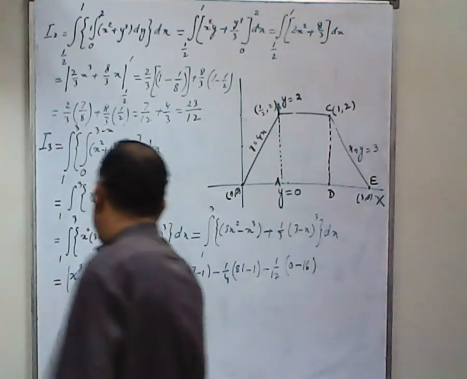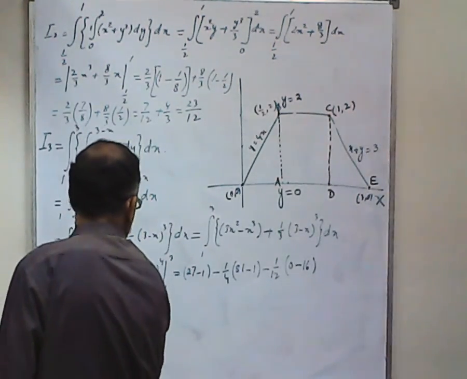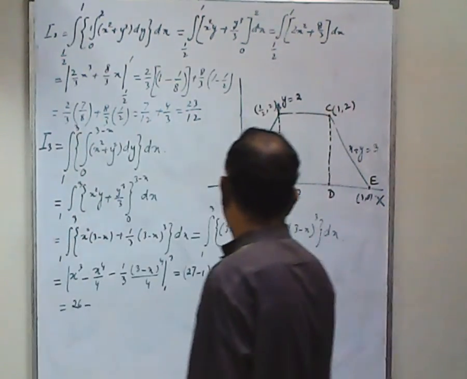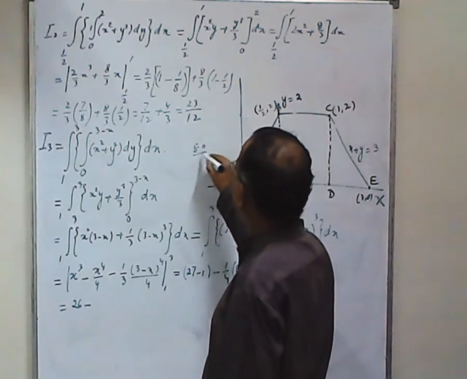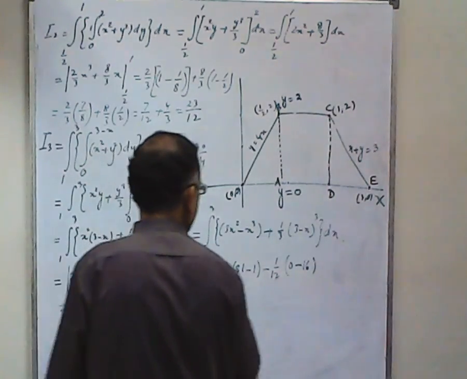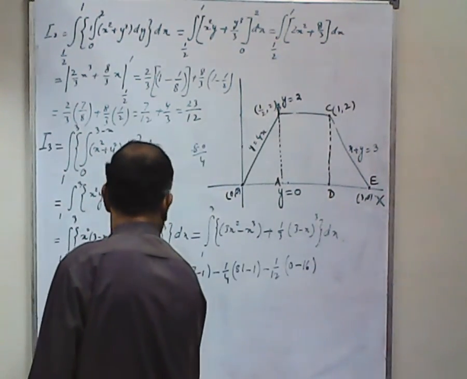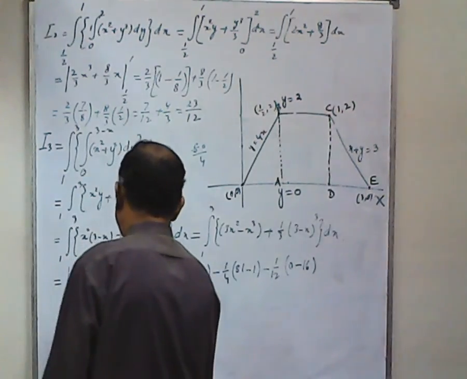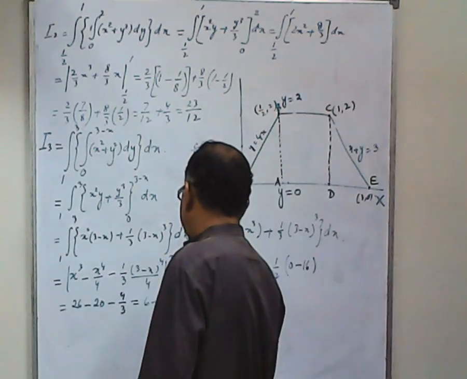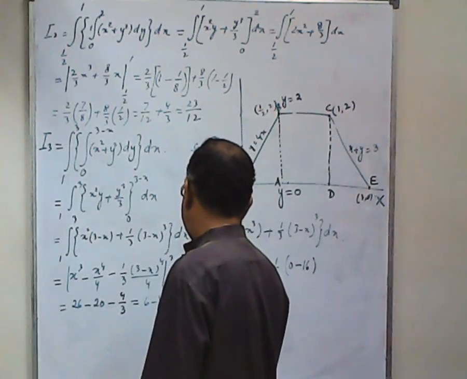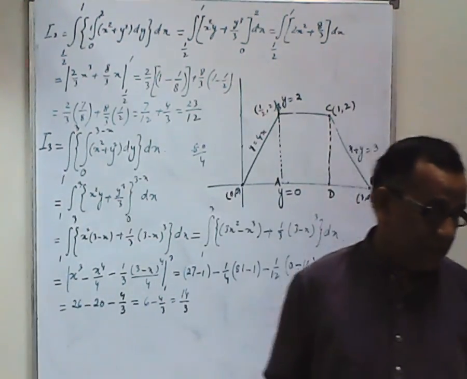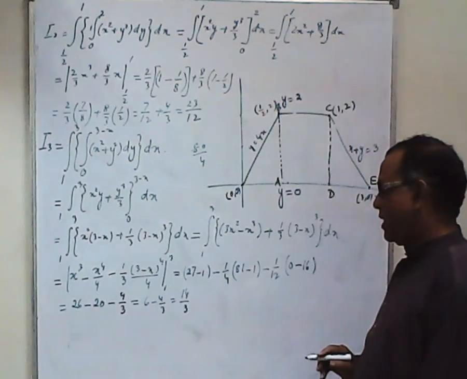So finally we have 27 minus 1, 26, then 81 minus 1, 80, 80 divided by 4 is 20, 26 minus 20, and then 4 4s are 16 and 3. So 26 minus 20 is 6, minus 4 upon 3, 3 6s are 18, 18 minus 4 is 14 upon 3. So the final answer will be maybe 14 upon 3.